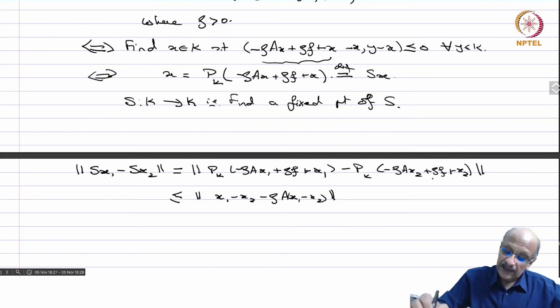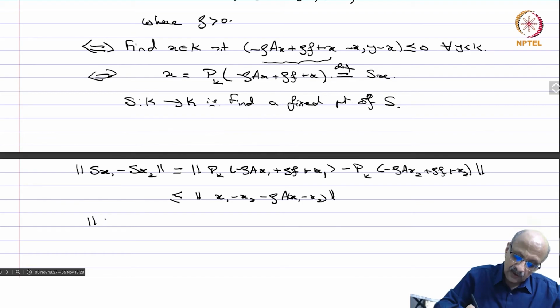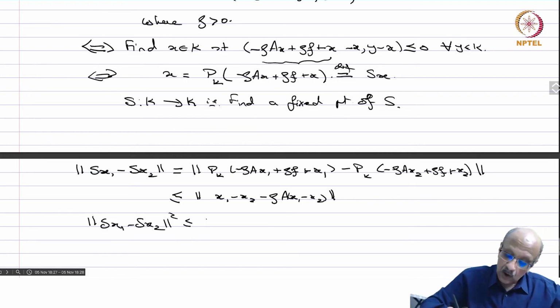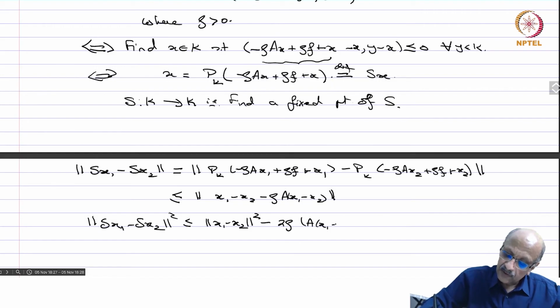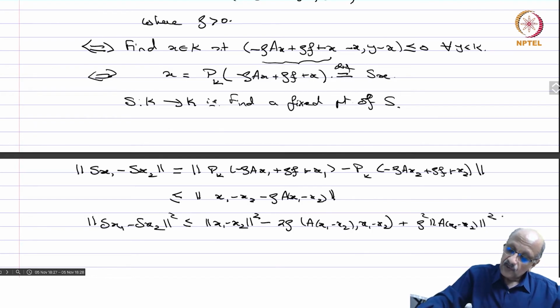Rho f will get cancelled. Okay. So now we square this and develop it. So now ‖Sx1 − Sx2‖² is therefore less than or equal to ‖x1 − x2‖² − 2ρ a(x1 − x2, x1 − x2) + ρ² ‖A(x1 − x2)‖².